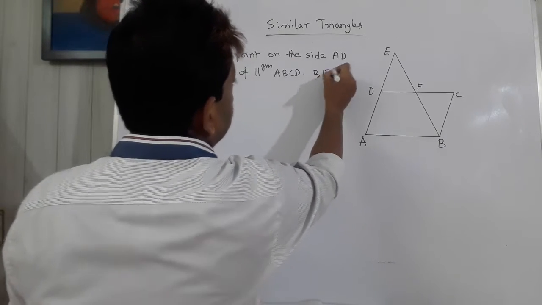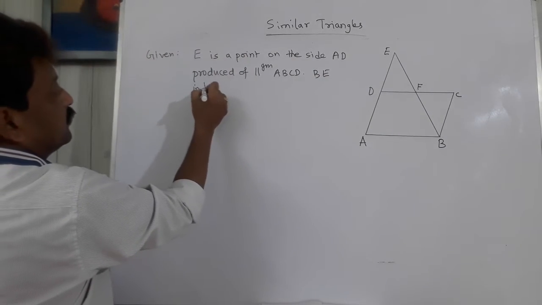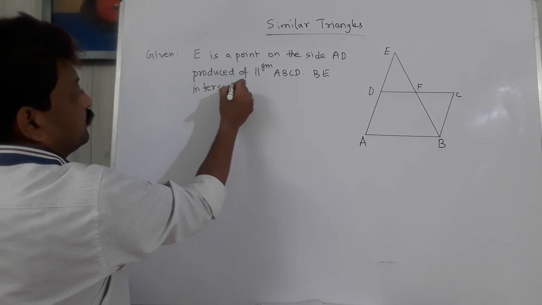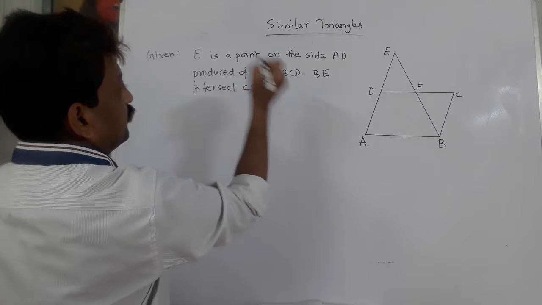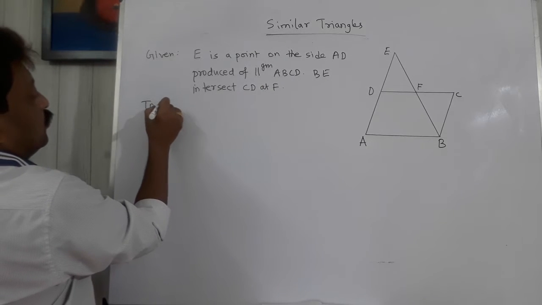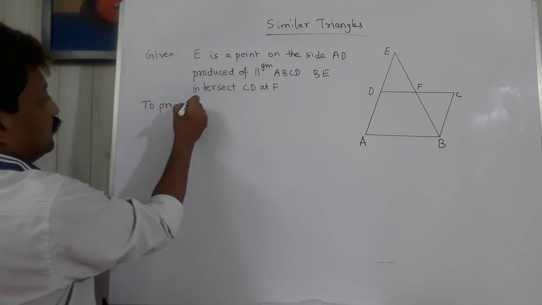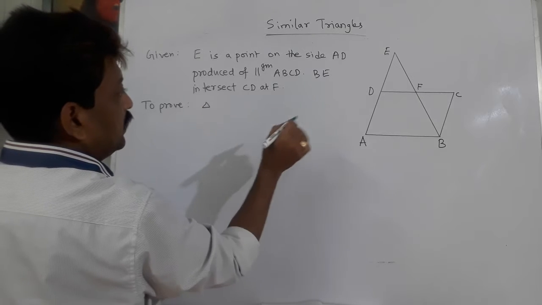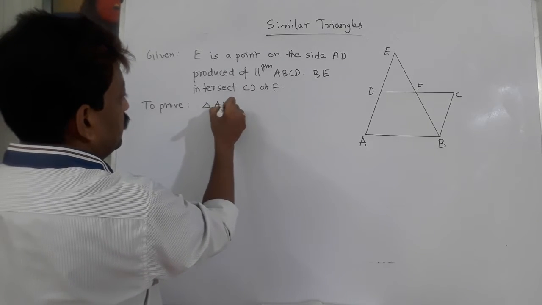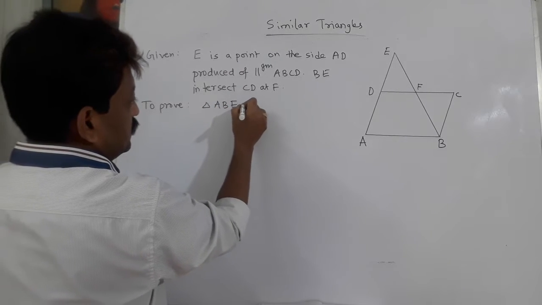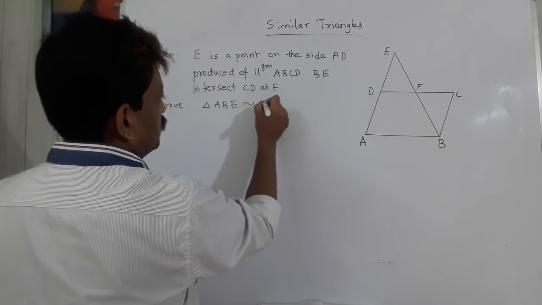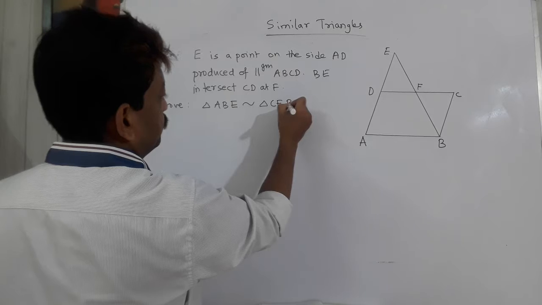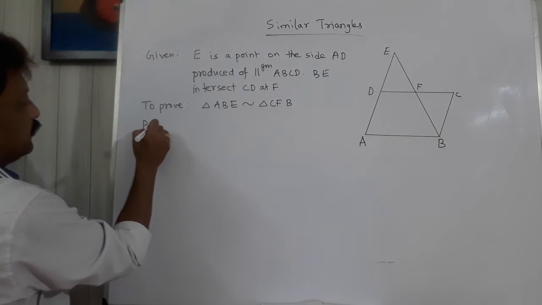BE intersects CD at F. We have to prove triangle ABE is similar to triangle CFB. Proof.